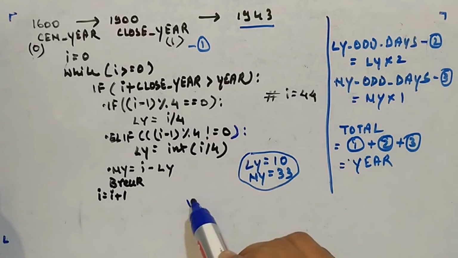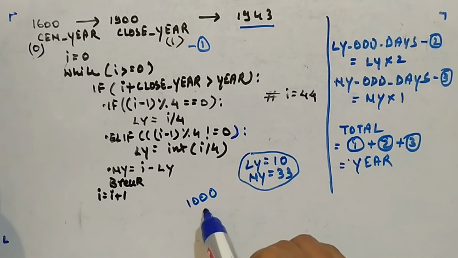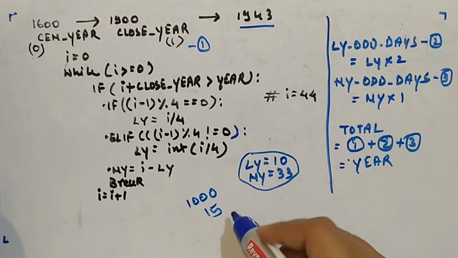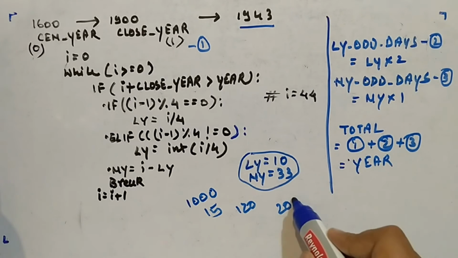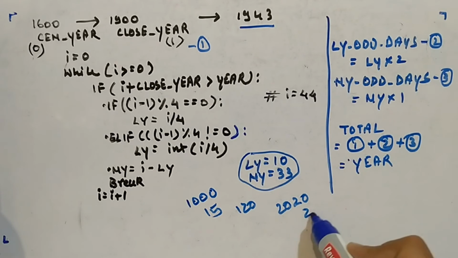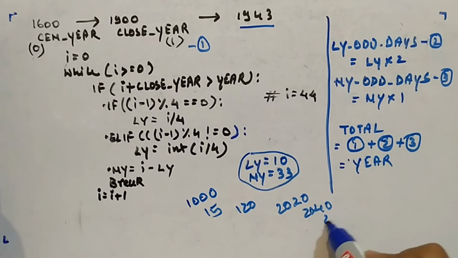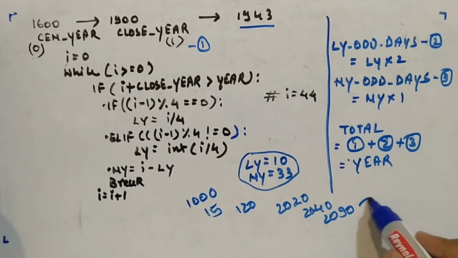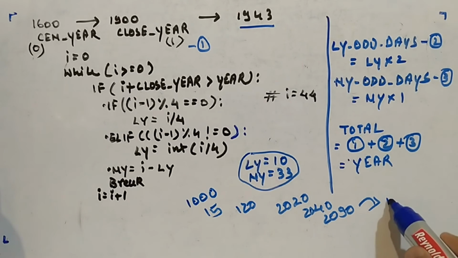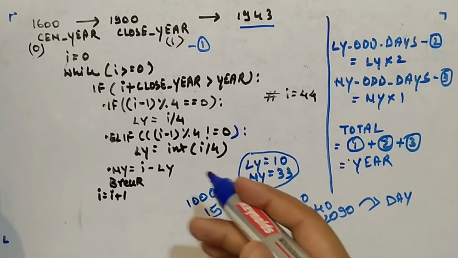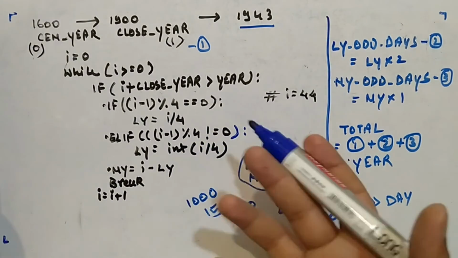Even if you try 1000 or 15 or 120, any year, let's say 2020 or 2040 or 2090, you provide a date of that year and you will get the day. That is the benefit: it is generalized. I'm telling you, it is generalized.